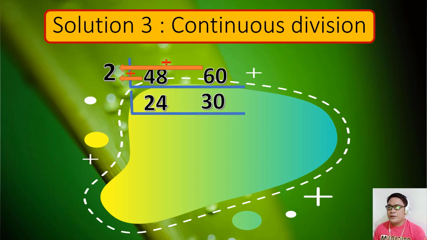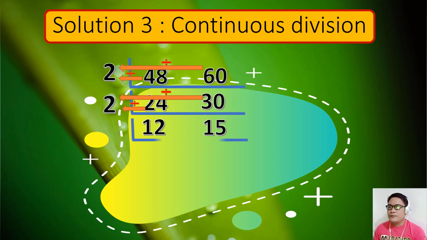Then 24 and 30, the possible prime number that can divide 24 and 30 is 2. So 24 divided by 2 equals 12. Then 30 divided by 2 equals 15.